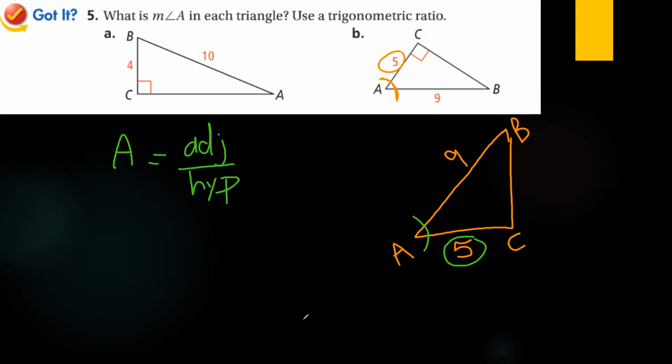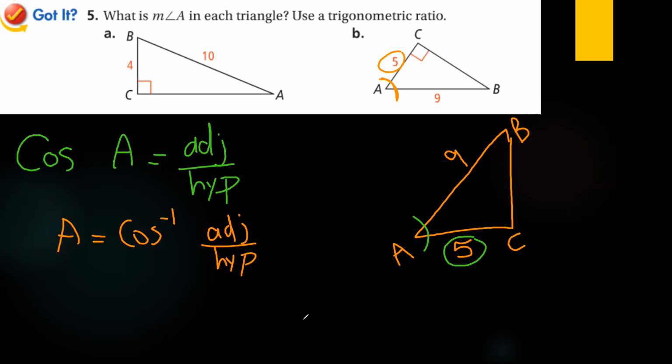So ask yourself, what is the adjacent over hypotenuse? It is cosine. So I can find A now. Angle A will be cosine inverse of the adjacent over hypotenuse.